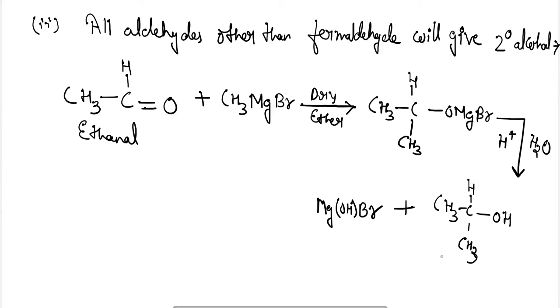This is the secondary alcohol, that is propan-2-ol, which is a secondary alcohol. So all other aldehydes other than formaldehyde will produce propan-2-ol, that is the secondary alcohols. Next is the ketones.